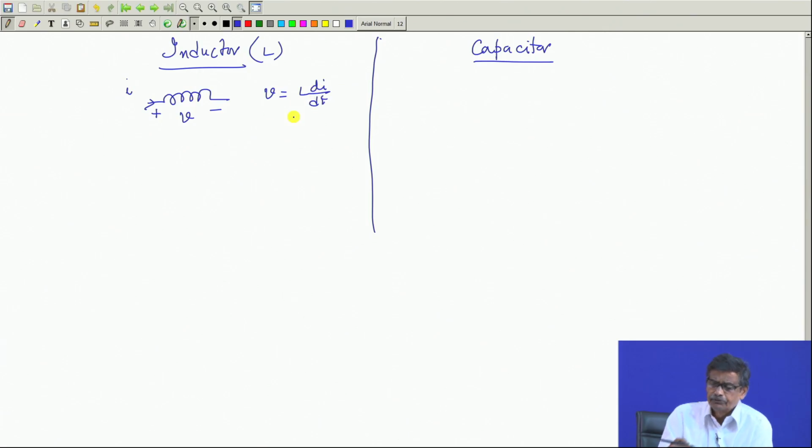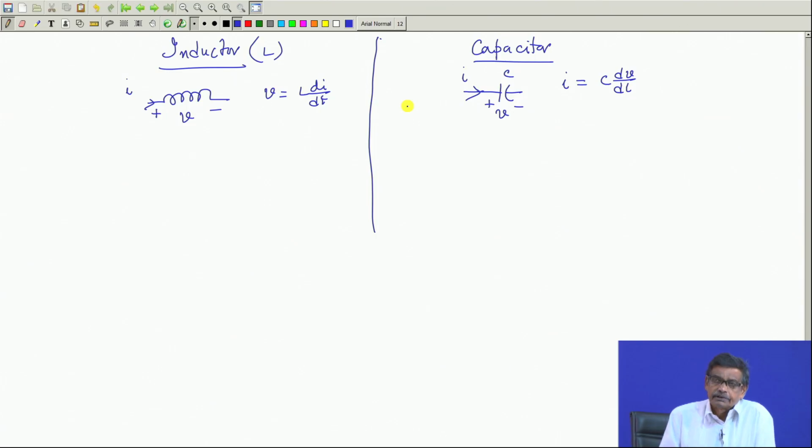While forming the differential equation, we will write a differential equation, not an integral differential equation, because we will be better solving a pure differential equation. That is why this notation. For capacitor, it was like this, plus minus, show the current like this, I, C, and voltage, the relationship I will be equal to C dV dt. This is how I and V are connected in a capacitor and in an inductor.